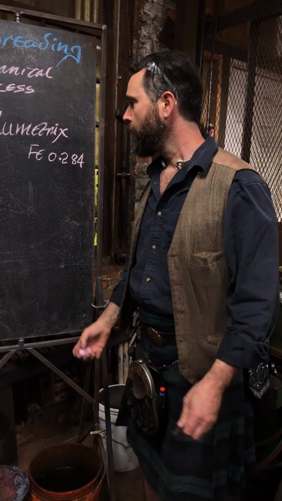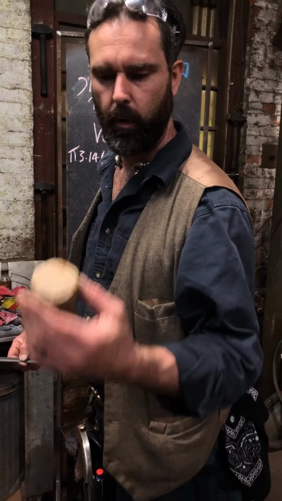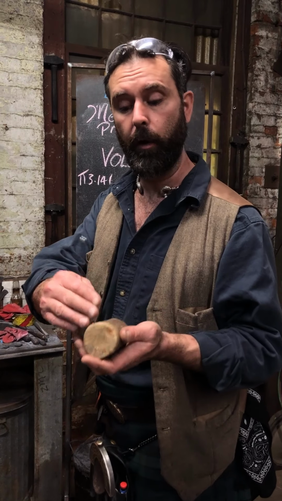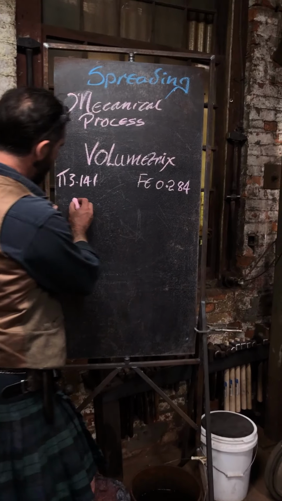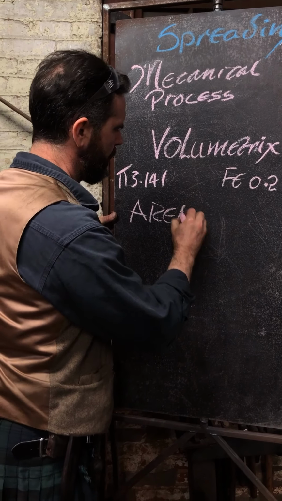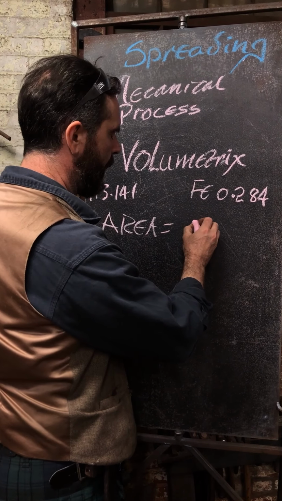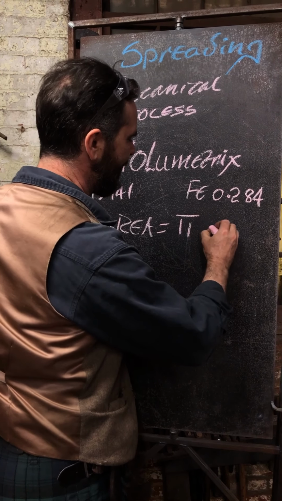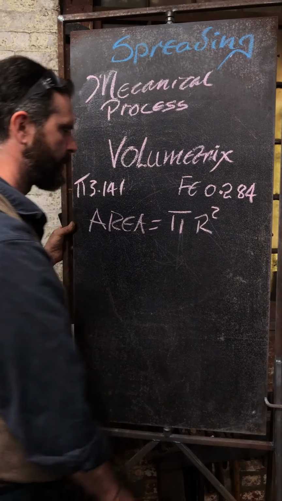And then the next thing we would want to do is calculate the surface area of this, and then from that, the volume of this. So, area, A, I believe, is, brain fart, pi r squared, right?